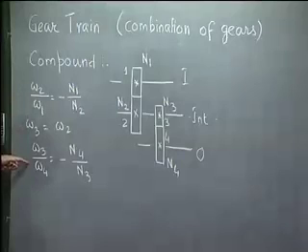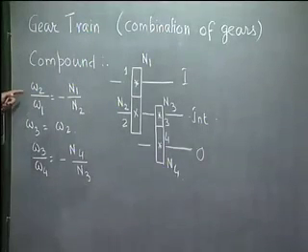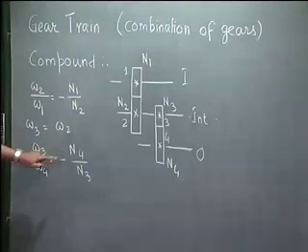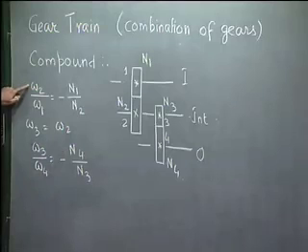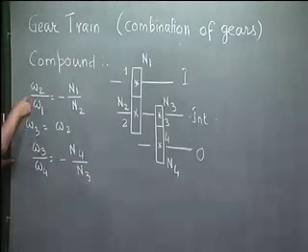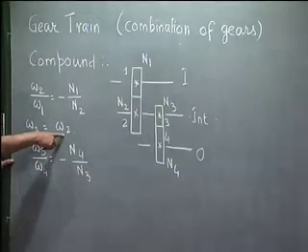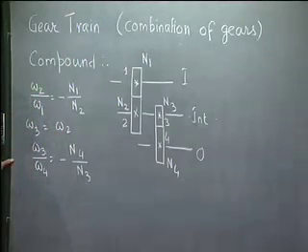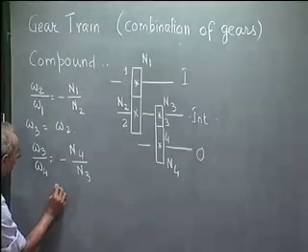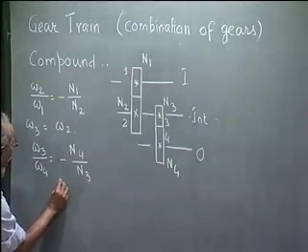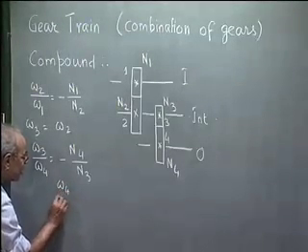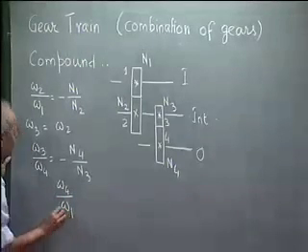So if I now multiply these two, what I find, if I take omega 3 by omega 4, and this is omega 2 by omega 1, so I have to divide. So if I divide this by this, omega 2 being same as omega 3, that will cancel. So we get omega 4 by omega 1.